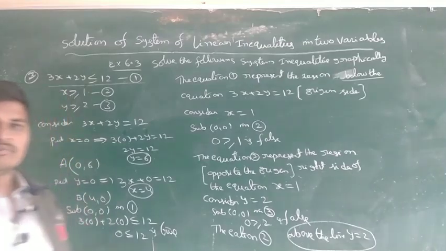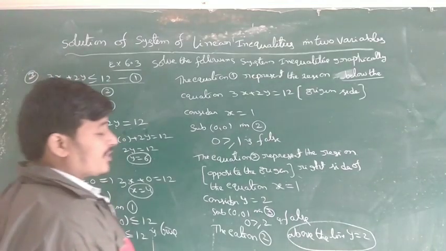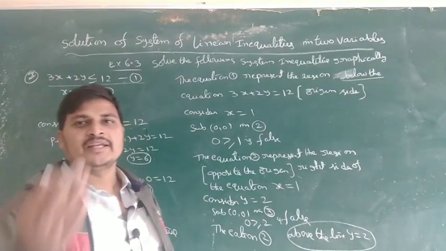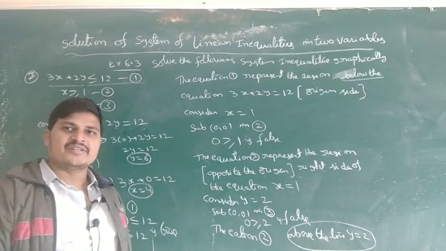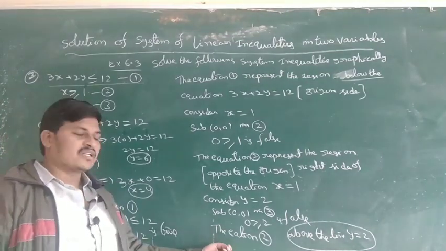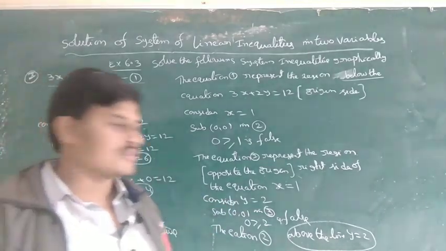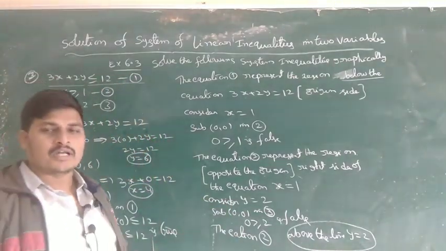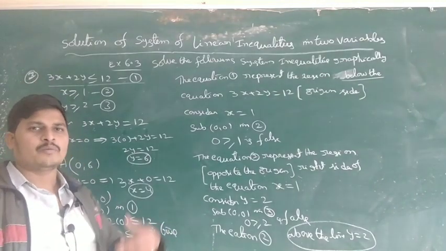Whether above the line, below the line, left or right, or simply origin side or opposite the origin is very important. If this is not correct, the graph will also be wrong, fully wrong.